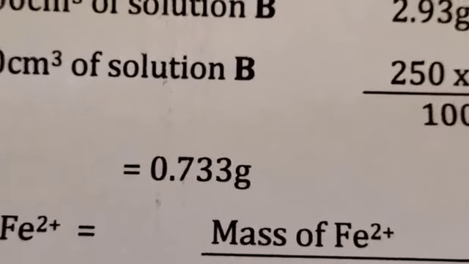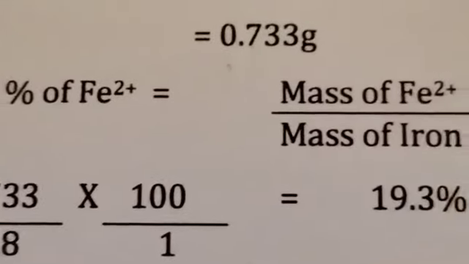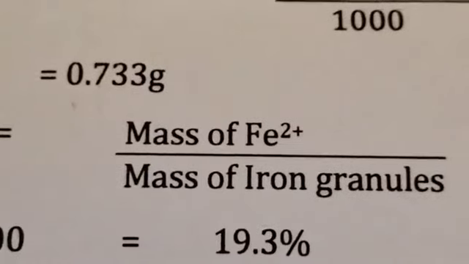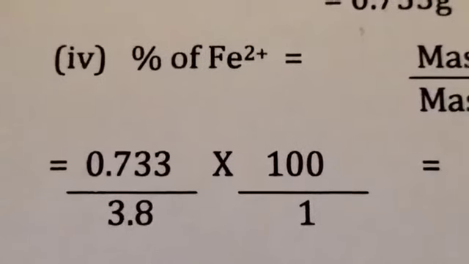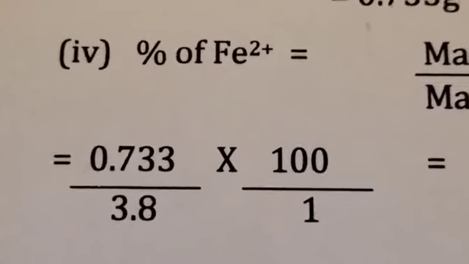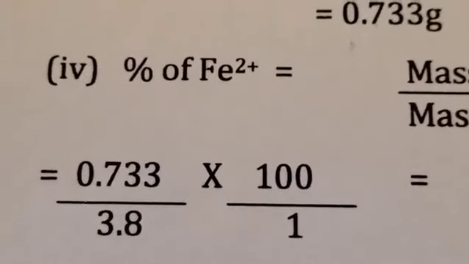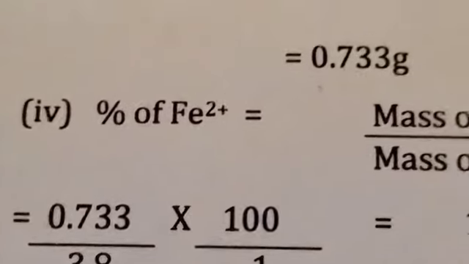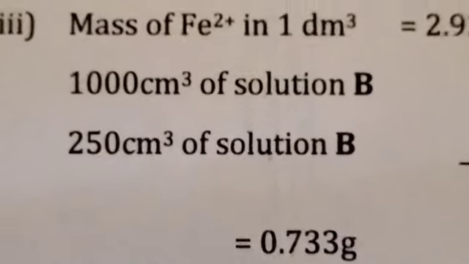Remember that this is the mass in 250 cm cube. The mass of iron granules, in the question you're told that we have 3.8 grams of iron granules in the same 250 cm cube. So when we're dividing masses, we have to make sure that the masses we're using are masses in the same volume. So we have 0.733 grams of, you see that WAEC is technical.